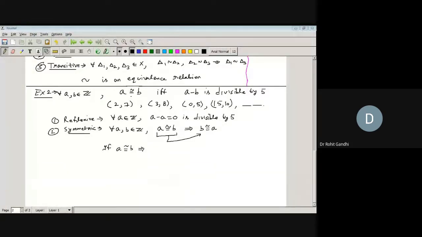It implies A minus B is related. Yes, Ritu? Divisible by 5. Is it okay, Ritu? Divisible by 5.